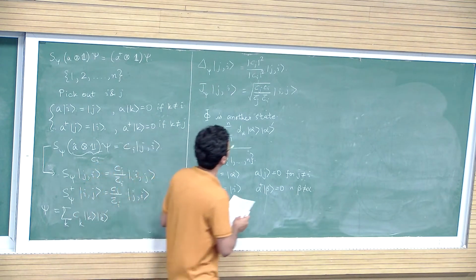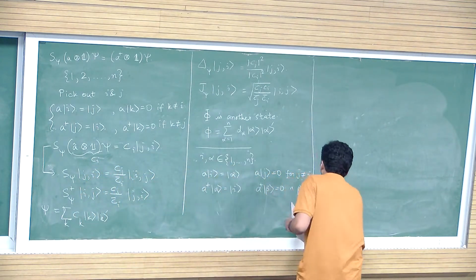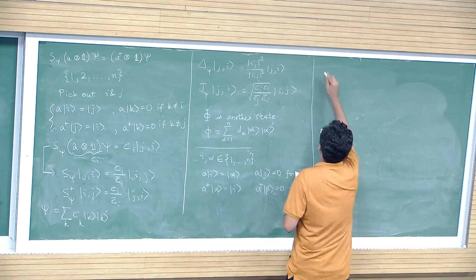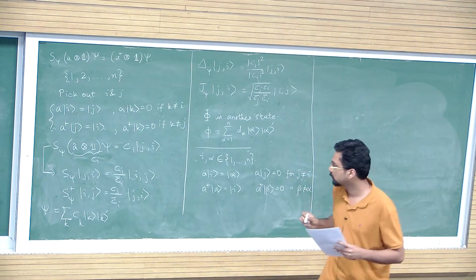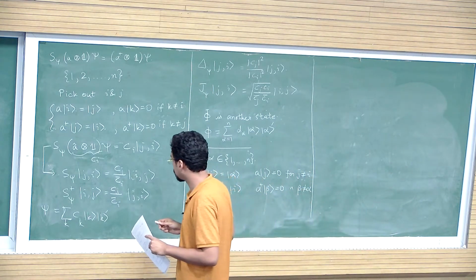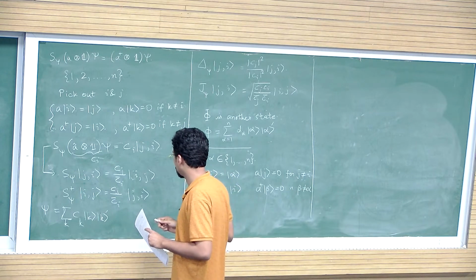The reason for doing this is basically because I want to define how. Second step is S dagger acting on IJ. Should be Ci by Cj bar.